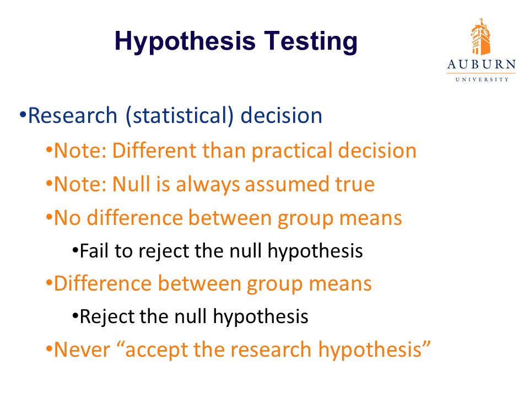So the two terms that we will use for our statistical decisions will either be fail to reject the null hypothesis or reject the null hypothesis. We'll never say accept the research hypothesis. We will never say accept the null hypothesis. Everything that we frame is in terms of the null hypothesis because that's what we assume to be true until we have enough evidence to suggest otherwise. So either we will say fail to reject or we will say reject the null hypothesis.